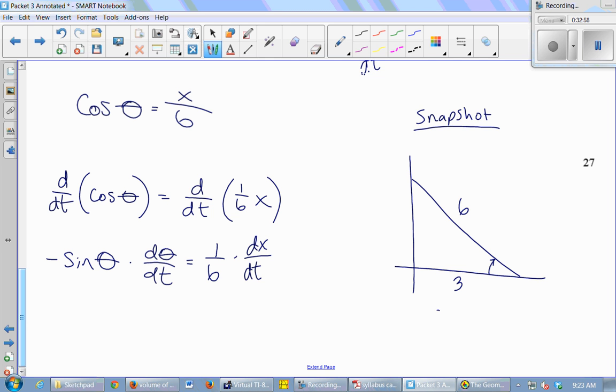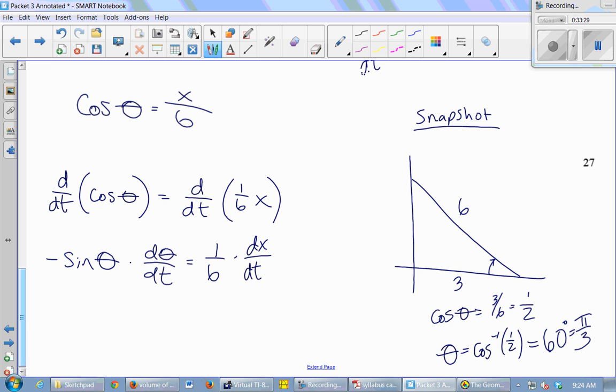Inverse cosine. Yeah, I know that the cosine of theta would be 3/6 or 1/2. I could take the inverse cosine of 1/2. And what angle has its cosine of 1/2? 60, yeah. Or pi/3, because that's how we do calculus, right? Radians.